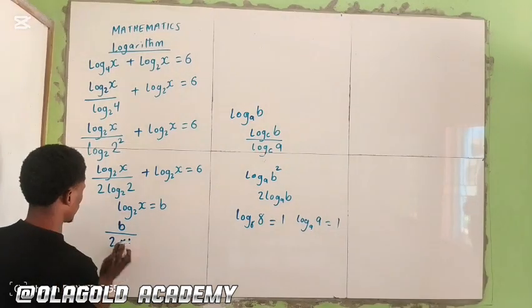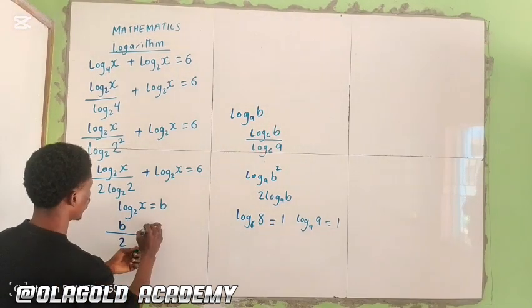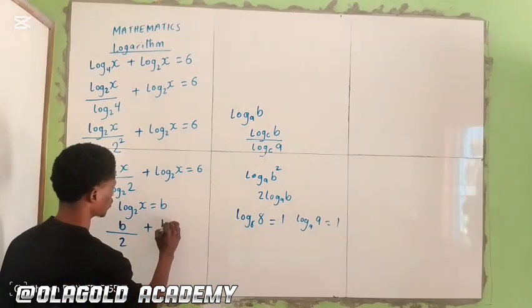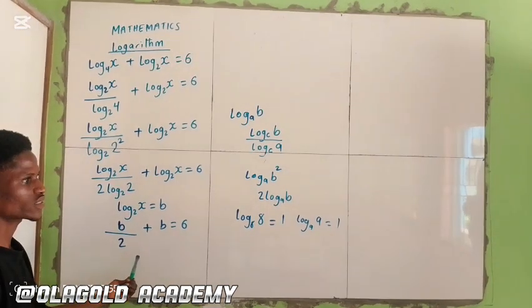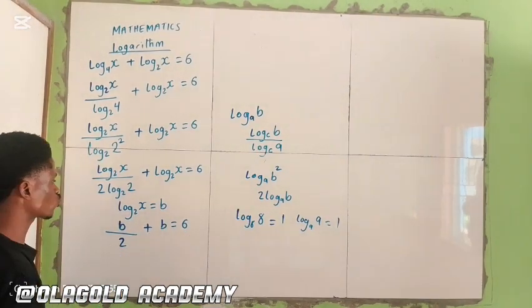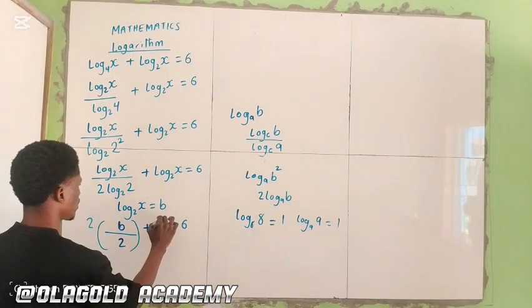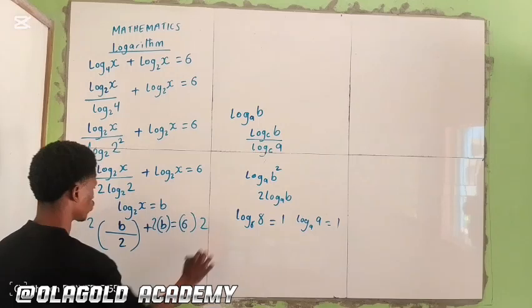We're going to have 2 here. Plus, remember, log 2 of x is now b. So I'm going to have b over 2 plus b equals 6. My next task is to multiply through by 2. So I'm going to multiply here by 2, here by 2, here by 2.